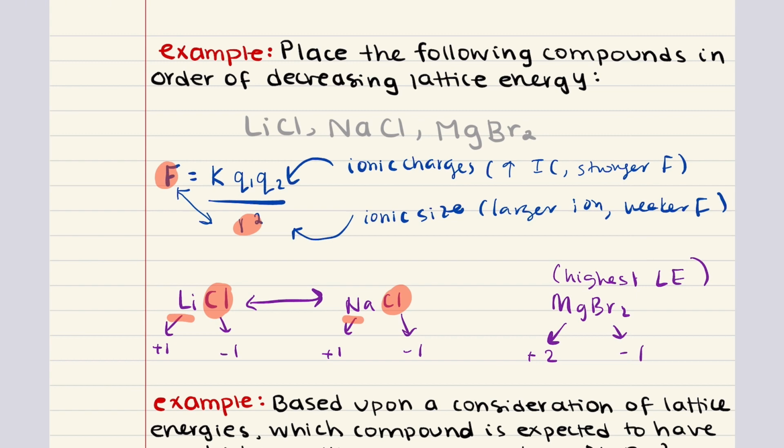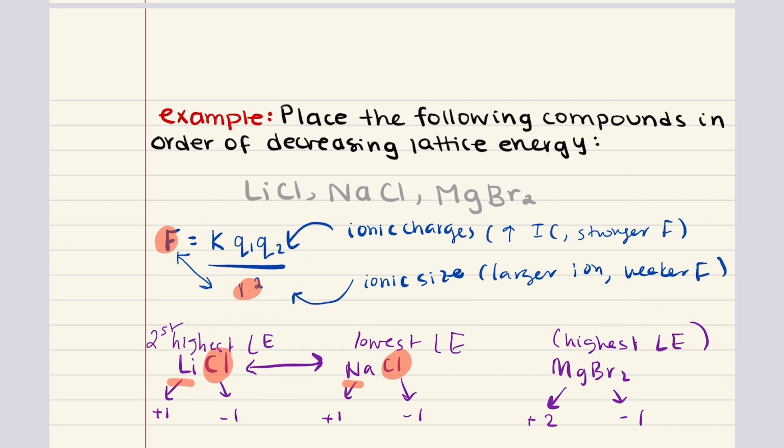And thereby, lithium chloride is going to have the second highest lattice energy, and sodium chloride is going to have the lowest lattice energy. And so as we write our compounds in order of decreasing lattice energy, we have magnesium bromide with the highest lattice energy, followed by lithium chloride, followed by sodium chloride.